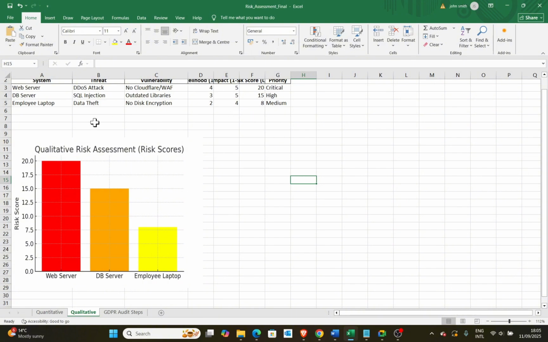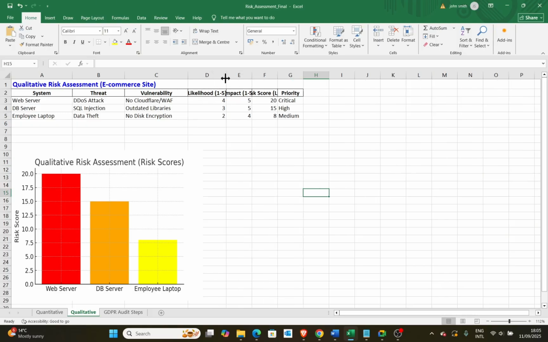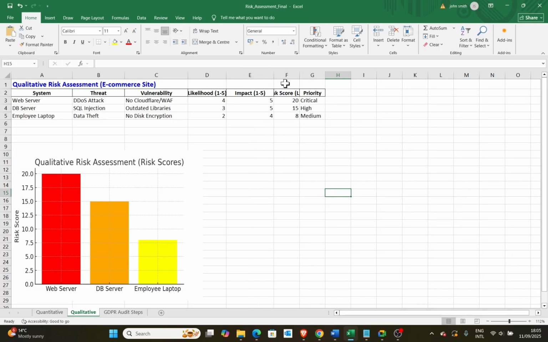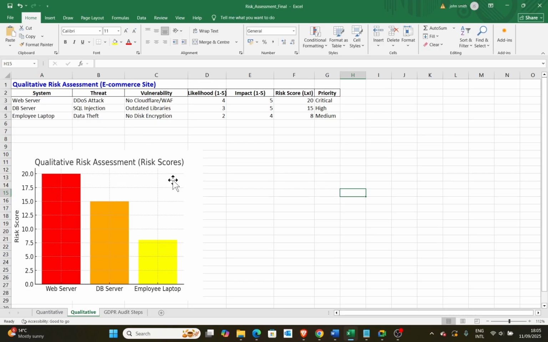We have the system, the threat, vulnerability, likelihood, the impact, and the score, risk score, the priority. So everything is actually here. So we will demonstrate it in the form of a graph.